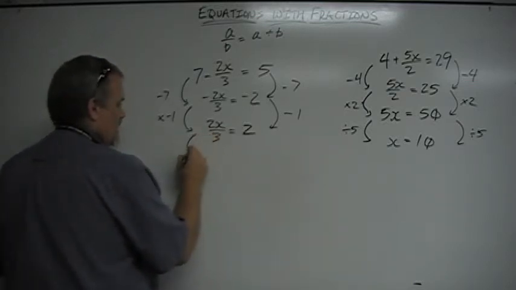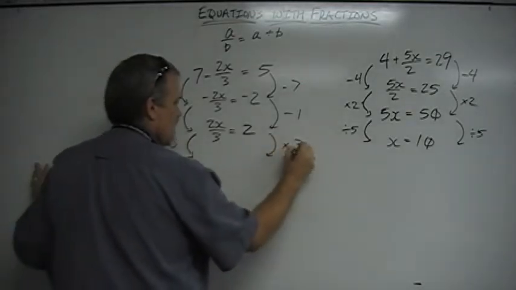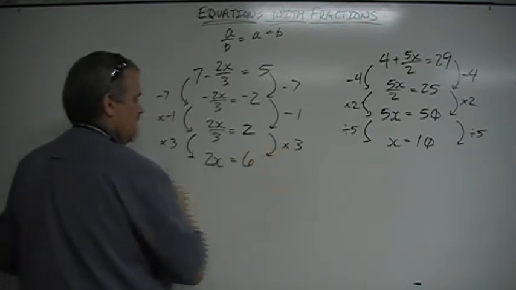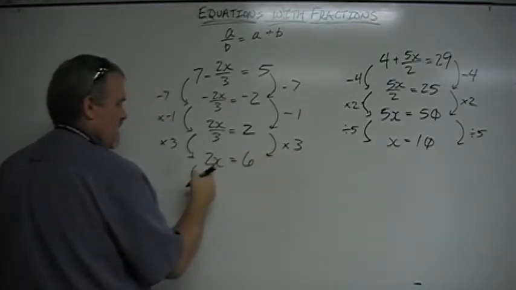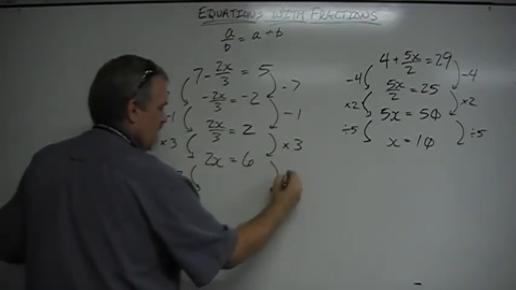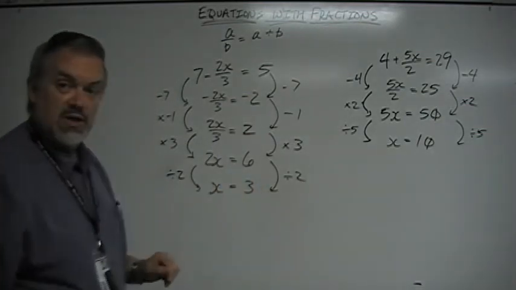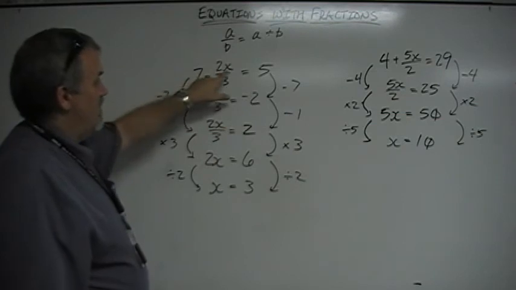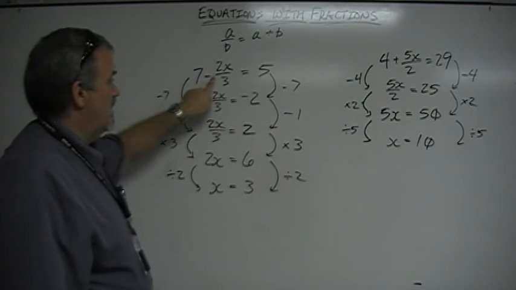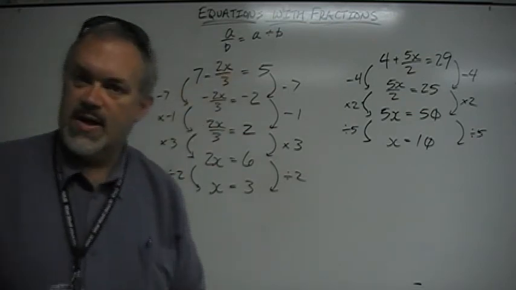Divided by 3, so we've got times 3 to get rid of the 3 on the bottom, and we're left with 2x is equal to 2 times 3 is 6. And then we have 2 times, so we divide by 2 to get rid of that. Divide by 2, we get x is equal to 3. And of course we need to check, so we put it back in. 2 times 3 is 6, divided by 3 is 2. 7 minus 2 is 5. We have done the problem the right way, and that is equations with fractions.